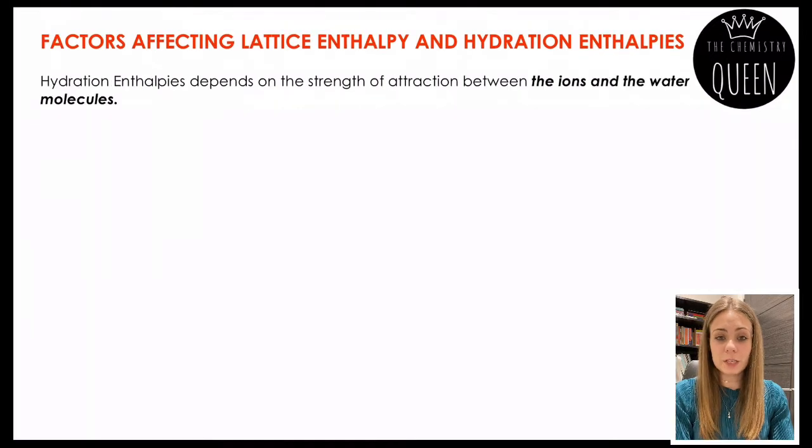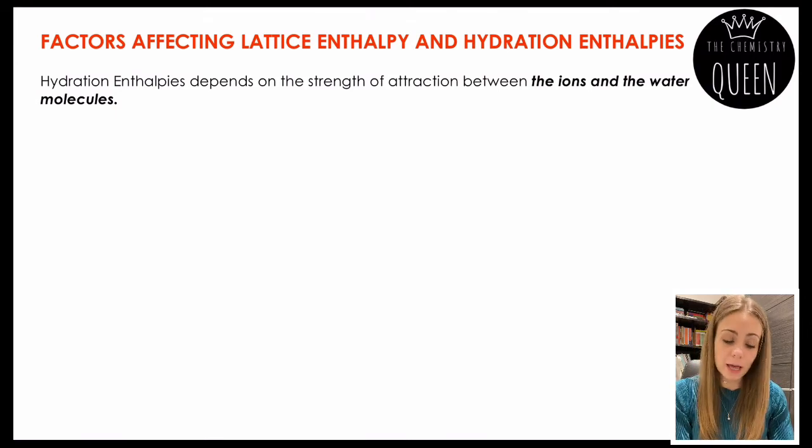So the second enthalpy change that we need to look at in order to predict whether an ionic compound is soluble or not is the hydration enthalpies. And hydration enthalpy depends on the strength of the attraction between the ions and the water molecules. The scientific theory behind this is exactly the same as it is for lattice enthalpy, but with lattice enthalpy, we're looking at the attraction between the positive and the negative ions.